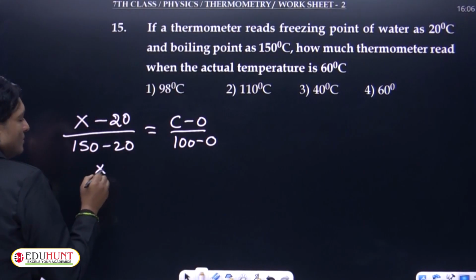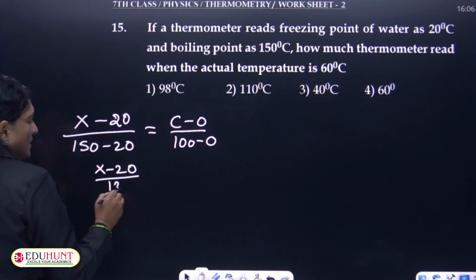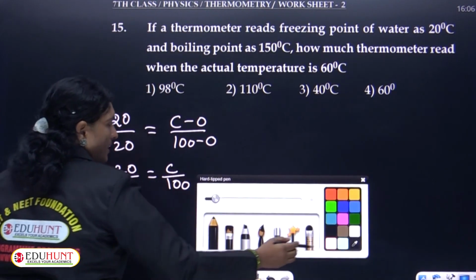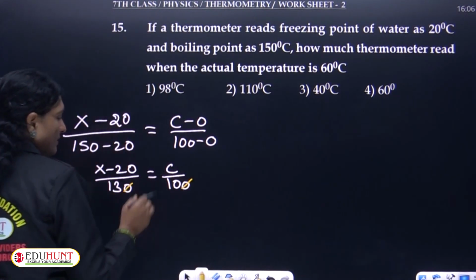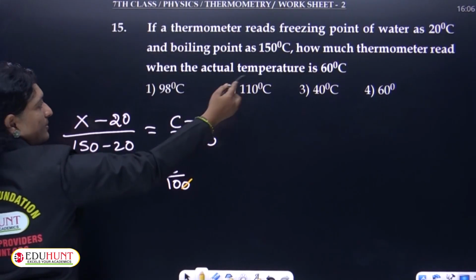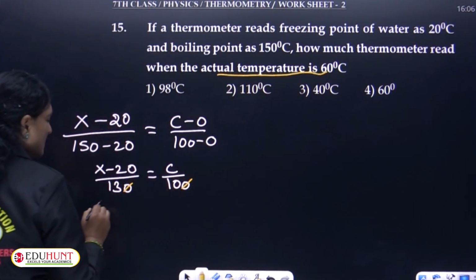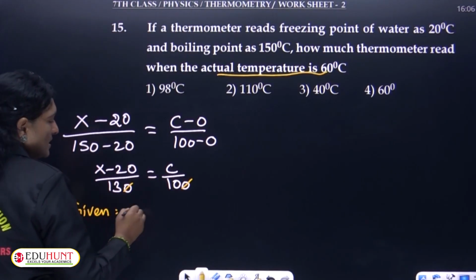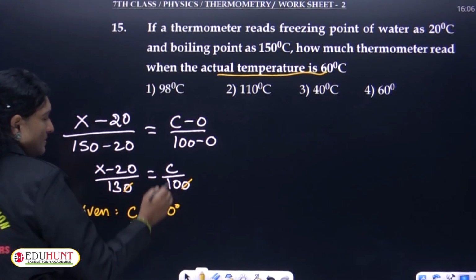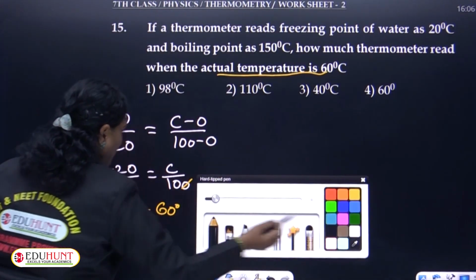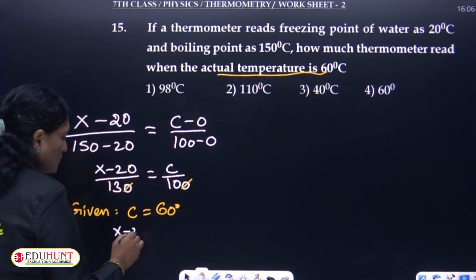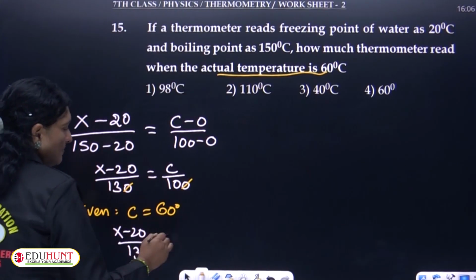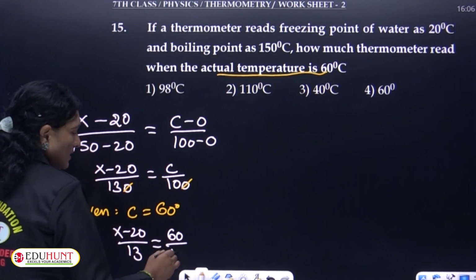So we can conclude that (X minus 20) upon 130 must be equal to C by 100. But we are given that the actual temperature is 60 degrees. So substituting in the above equation, we have (X minus 20) upon 13 equals C, replaced with 60, upon 10.